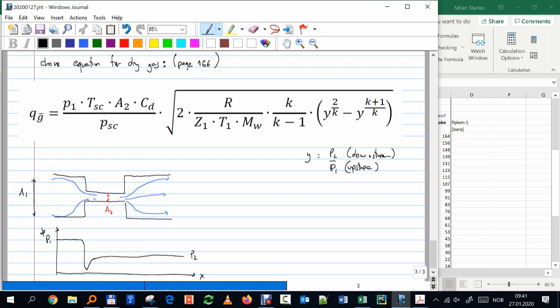So that equation usually works if this Y is above the critical, something that I call the critical ratio.